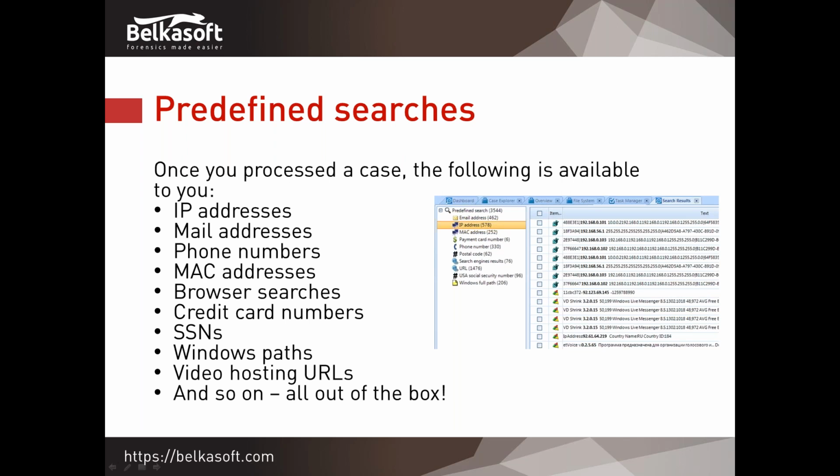And you can see things like IP addresses extracted from all possible artifact types, email addresses, phone numbers, credit card numbers, and even things like full Windows paths used in emails, chats, documents, or registry, or even hosting URLs, video hosting URLs such as YouTube, for example.